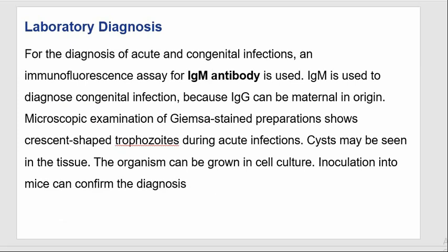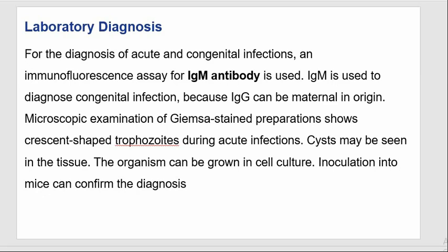Microscopic examination of giemsa-stained preparations show a crescent-shaped trophozoite during acute infection. يعني إذا عندي acute infection يمكن أن يكون باستخدام الجيمزا-ستين يمكن أن أشخص وجود أجسام هلالية الشكل وهي الأطوار الخضرية لهذا الطفيلي لكن فقط خلال acute infection.